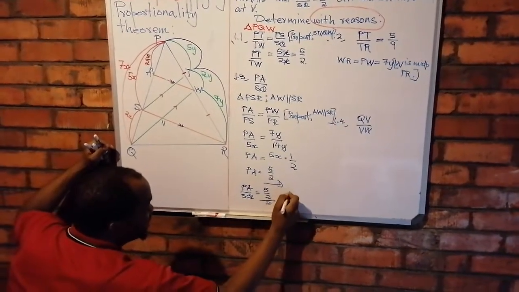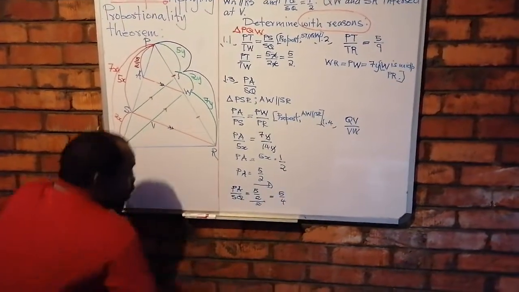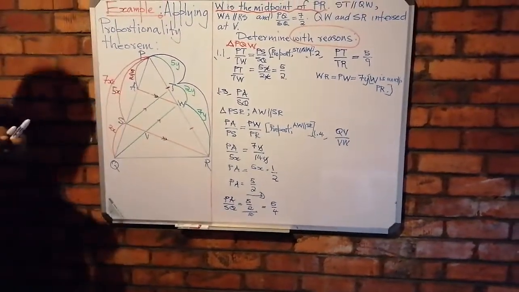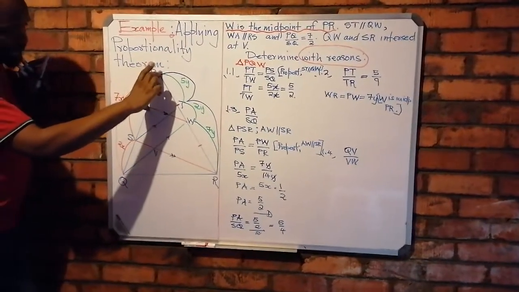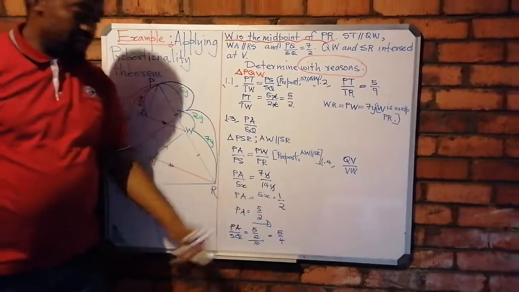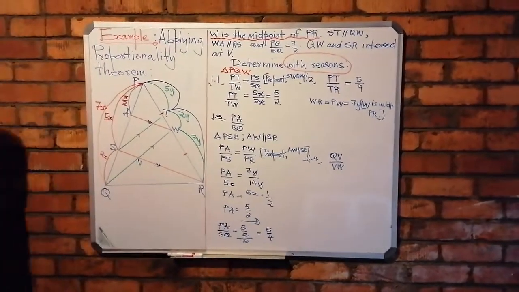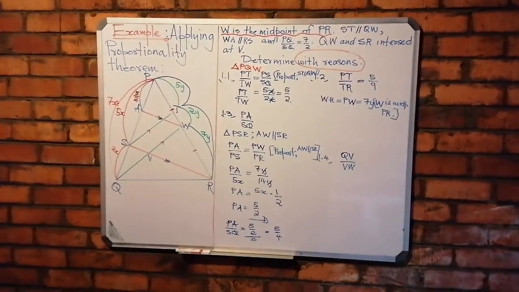That would give us 5 divided by 4. Now, it means when you compare PA to SQ, the ratio that you will get is 5 divided by 4. Beautiful, beautiful.